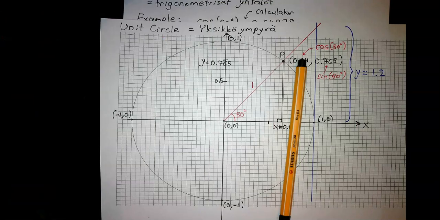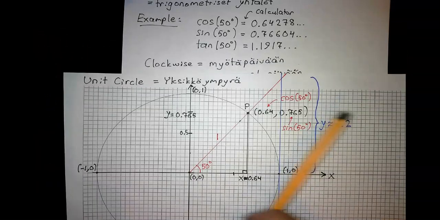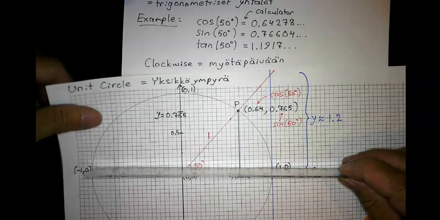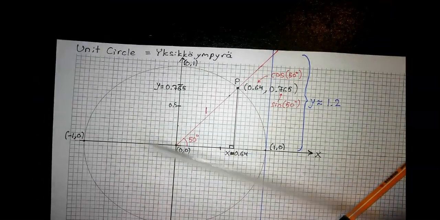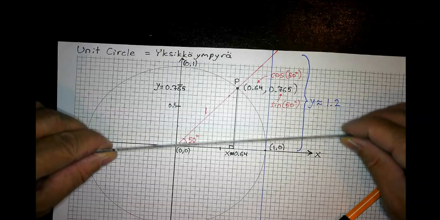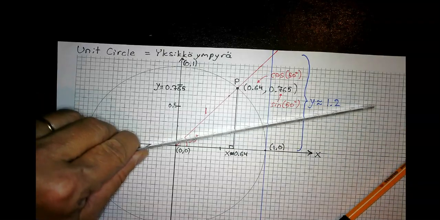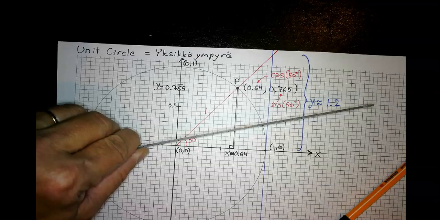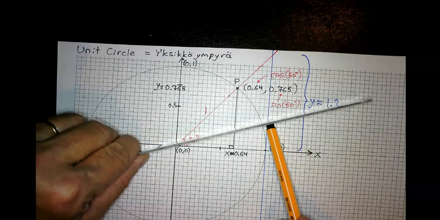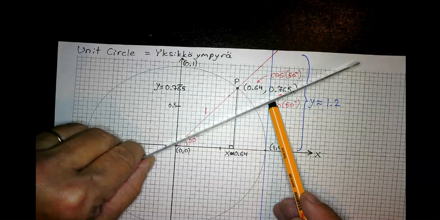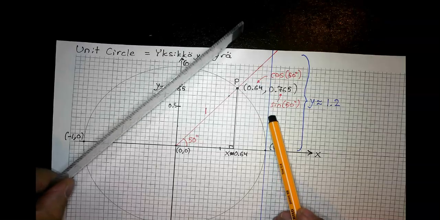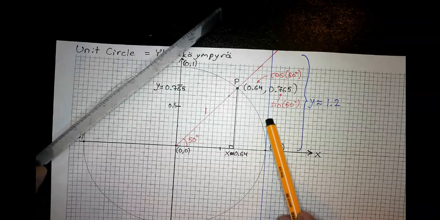What happens there? If we have this angle here, it starts with 0 degrees and it goes up, and you see we are now discussing tangent, and the tangent value is the height of this point here, which goes along this tangent line.